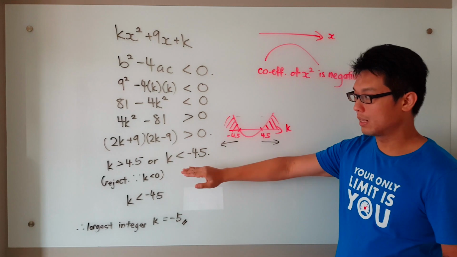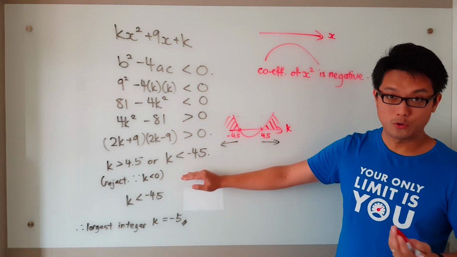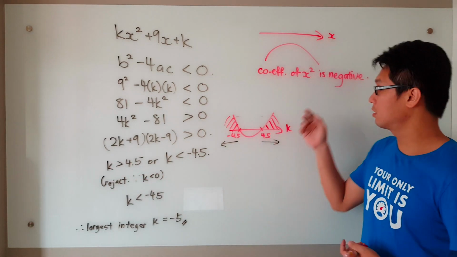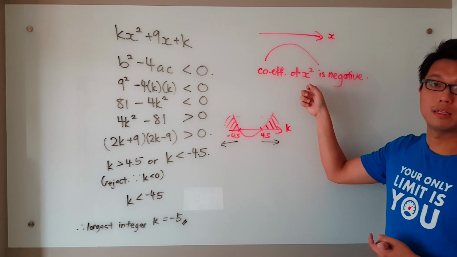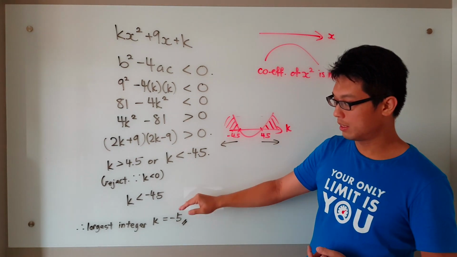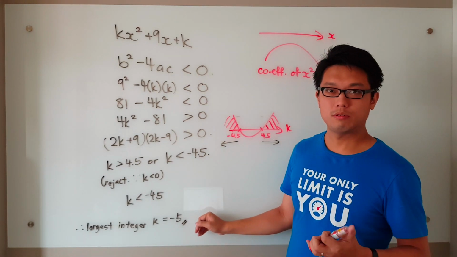Then comes the last part, the slightly trickier part that most students tend to forget, to reject one side or value of k because we want the coefficient of x squared to be negative. After this is done, the last part is k equals -5, and that's about it.